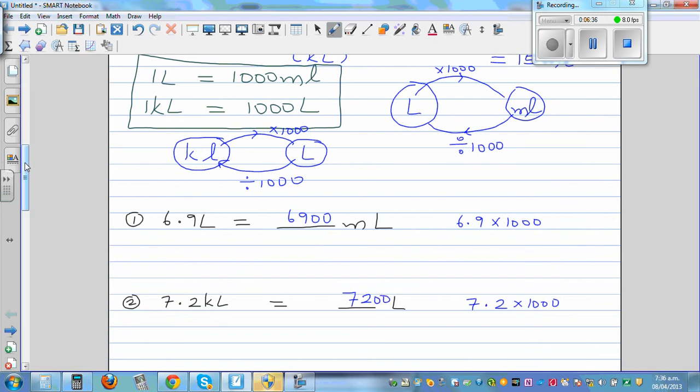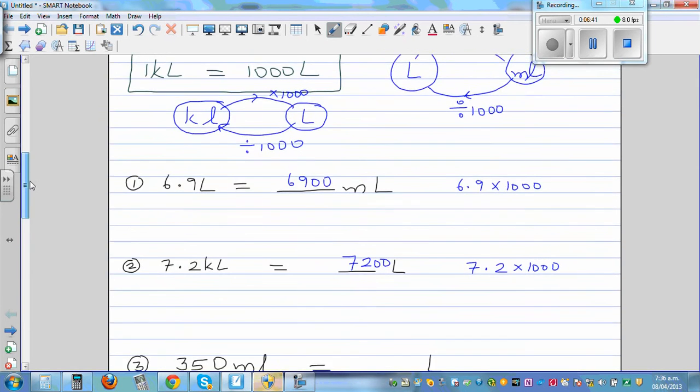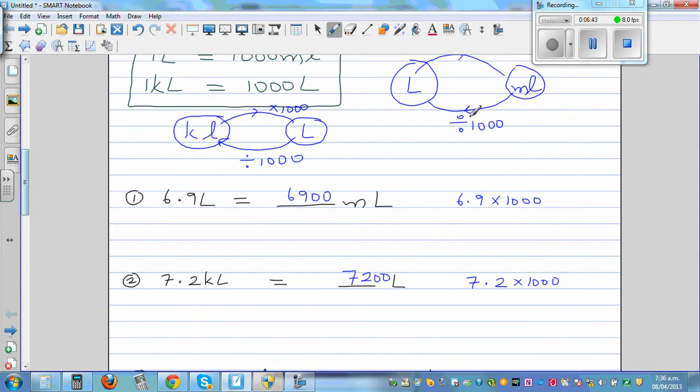Question number 3, from milliliters to liters. The number is going to get 1,000 times smaller, so you divide by 1,000.